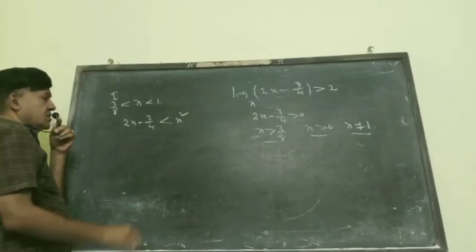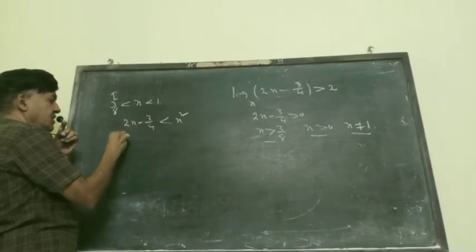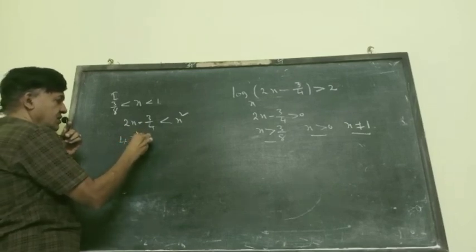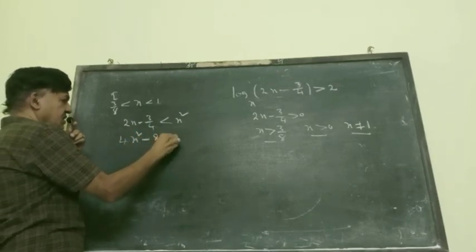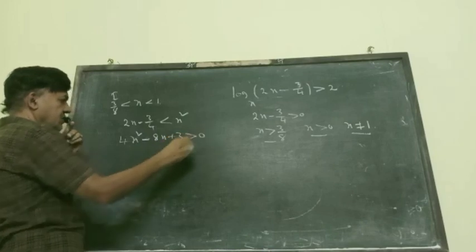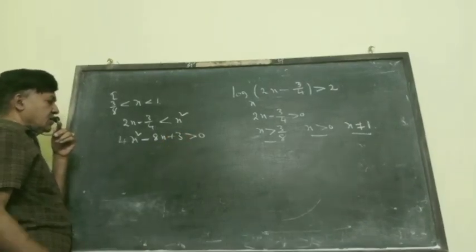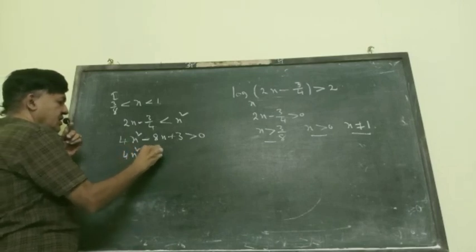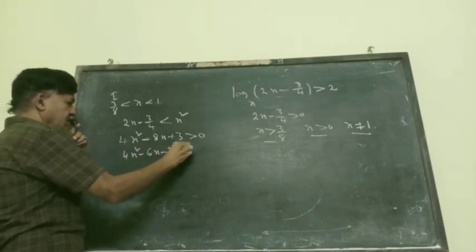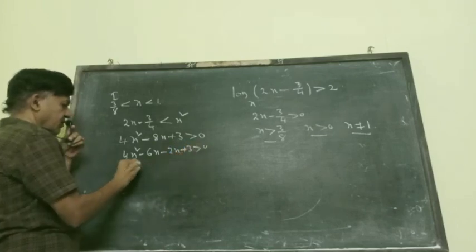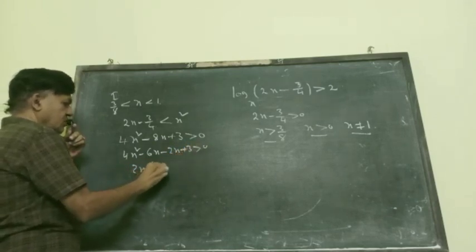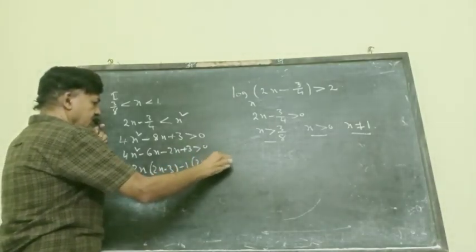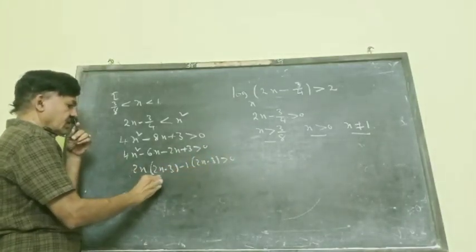Right? Take LCM, send it to that side. You will get 4x square - 8x + 3 greater than 0. So 4x square - 6x - 2x + 3 greater than 0. 2x into (2x - 3) minus 1 into (2x - 3), like this.